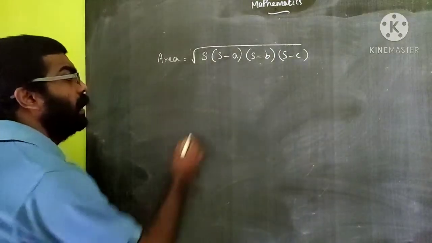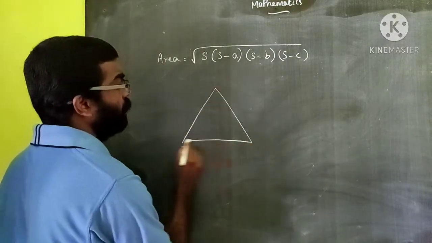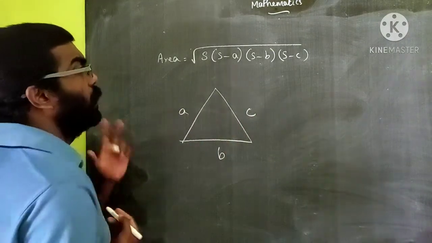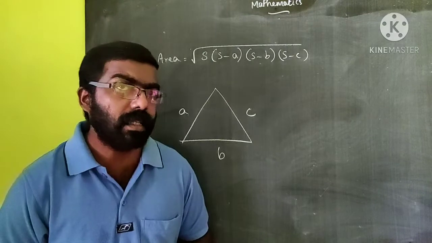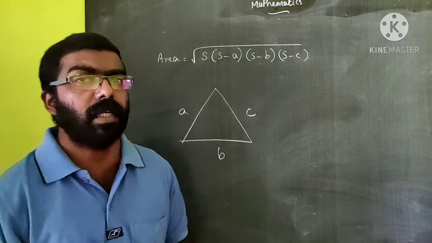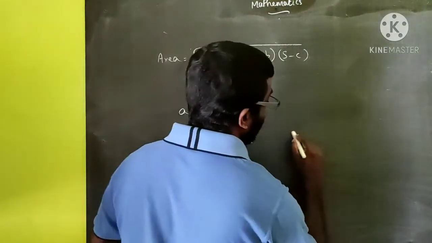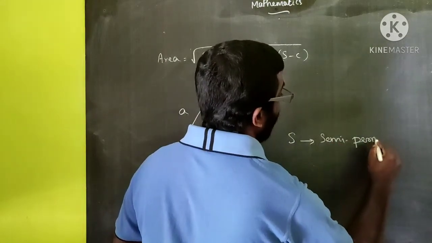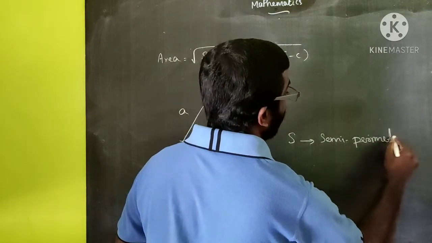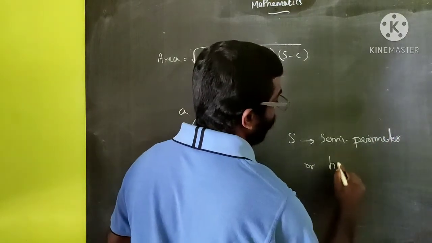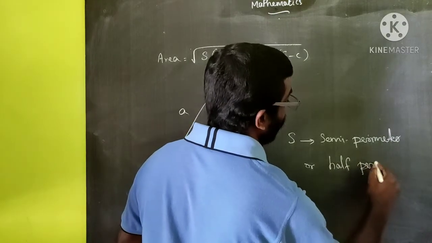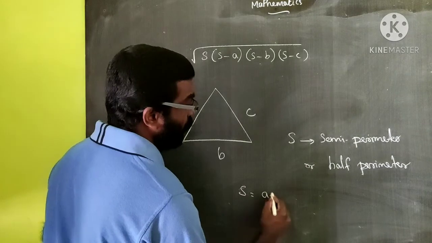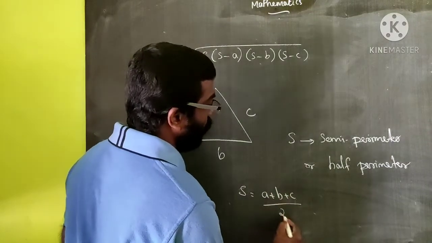The area of the triangle with sides a, b, c is given by the square root of s into s minus a into s minus b into s minus c, where s is known as the semi-perimeter, or half the perimeter. It is given by s is equal to a plus b plus c divided by 2.